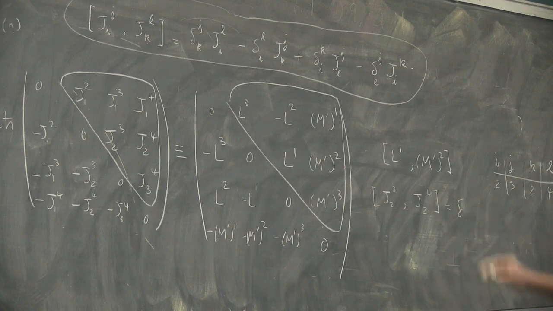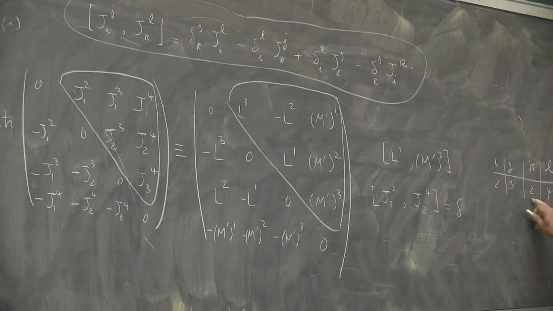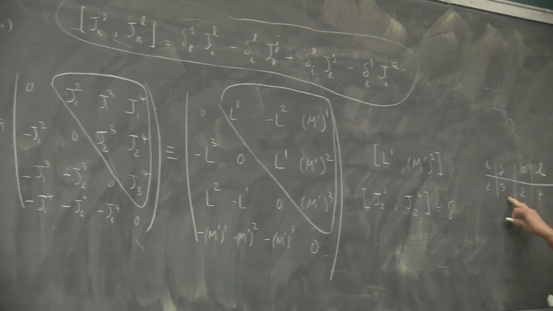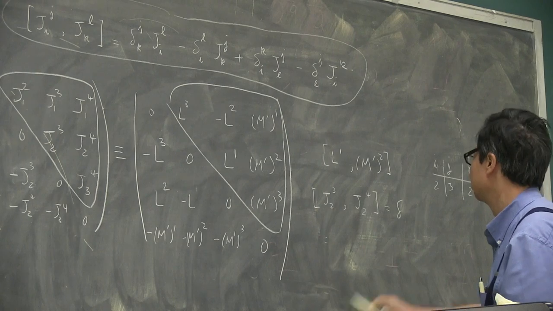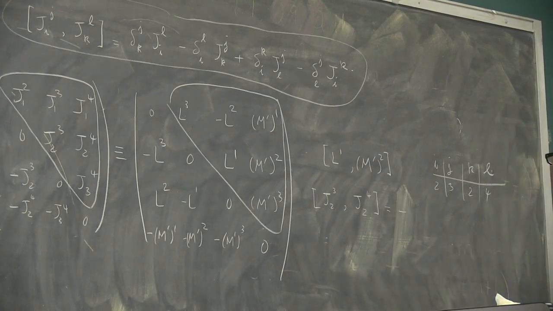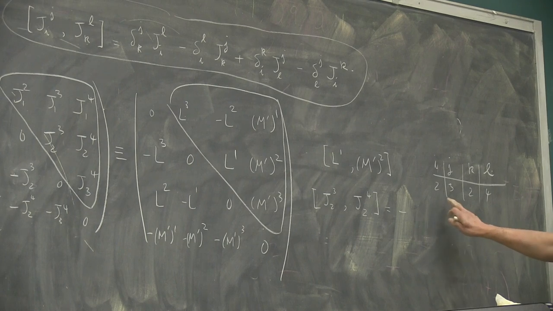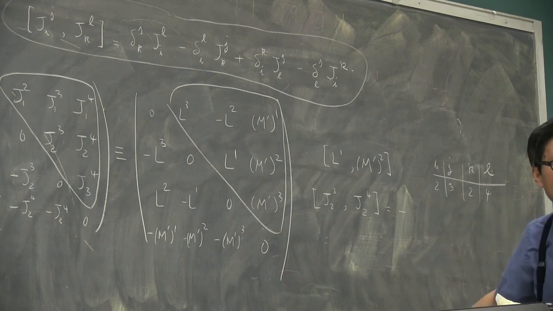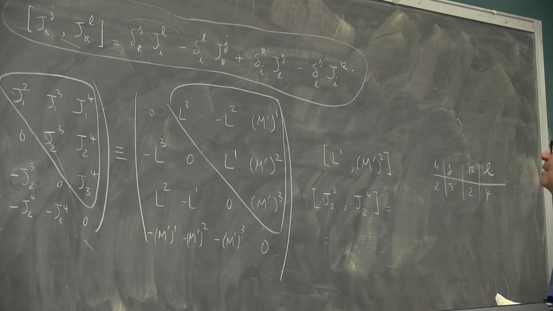Delta_jk, the first term. Oh, that's gone because it's 2, 3. Second term is minus delta_il, 2, 4. Oh, that's gone also. Third one is delta_ik. I'm in business.